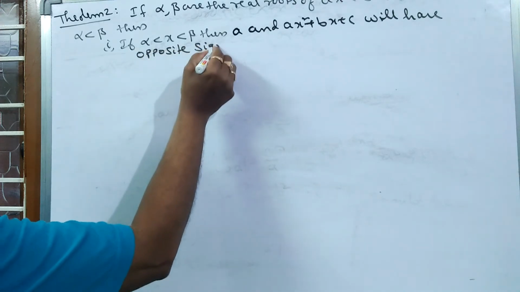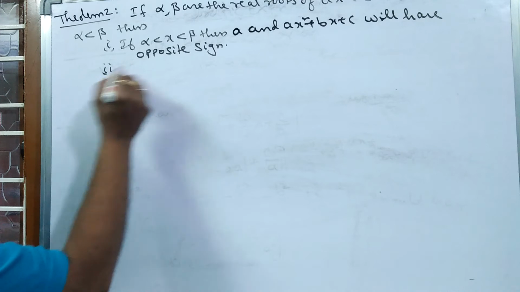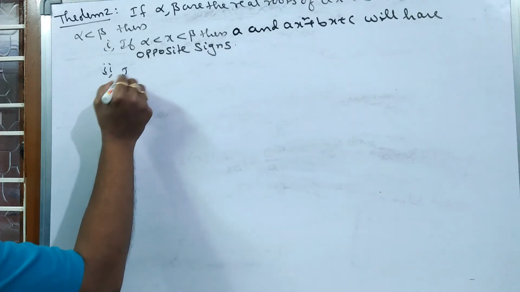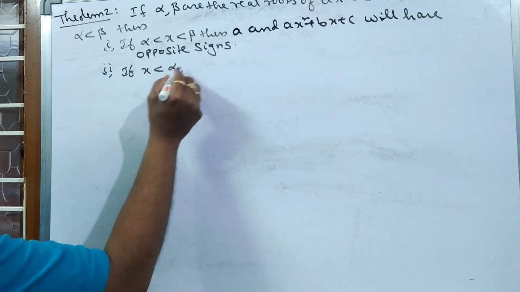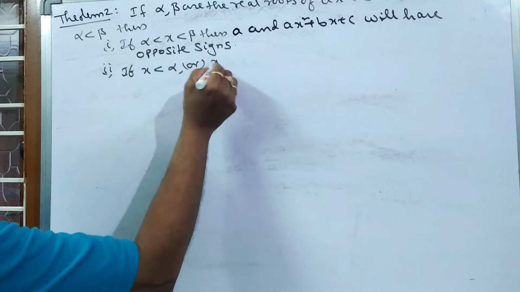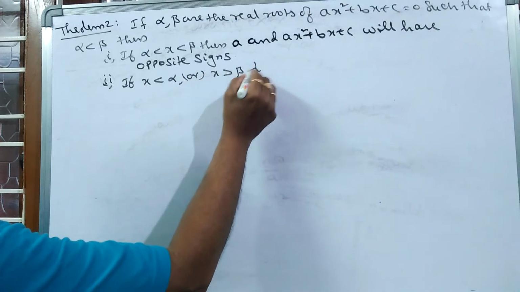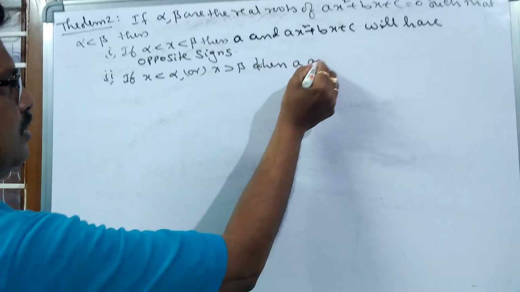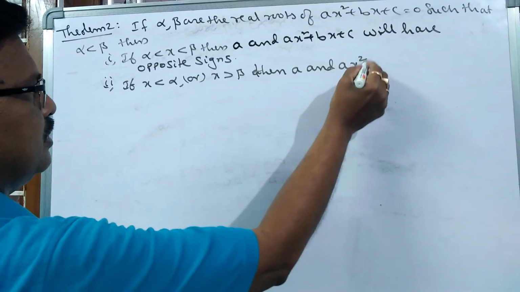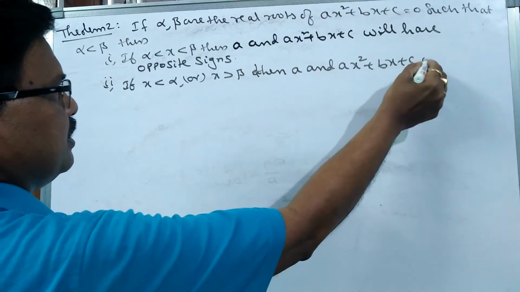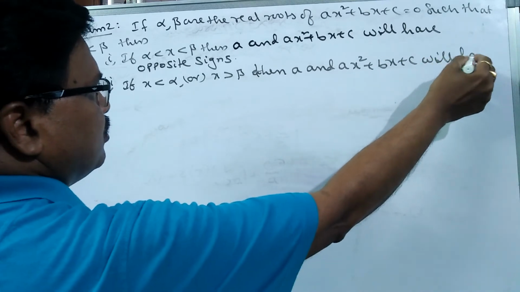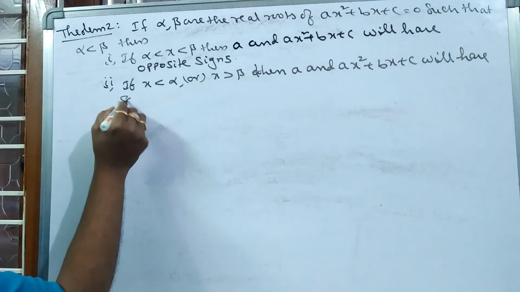Number 2: if x less than alpha or x greater than beta, then a and ax square plus bx plus c will have the same sign.